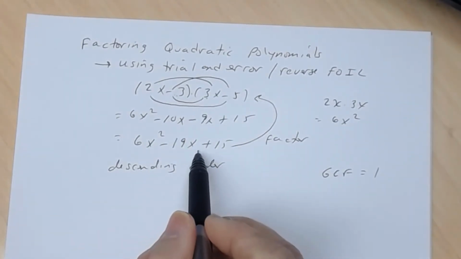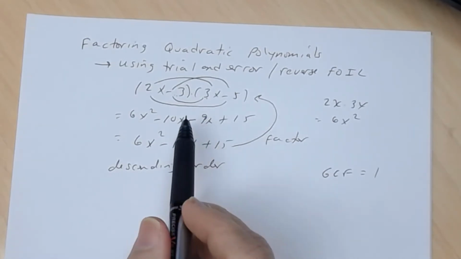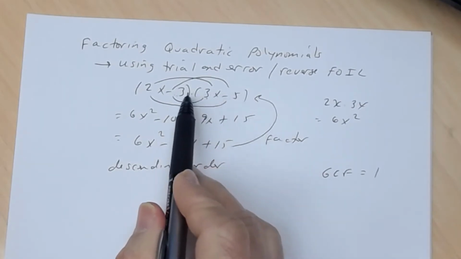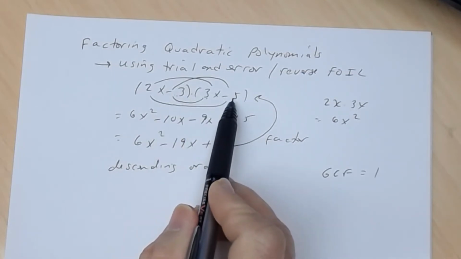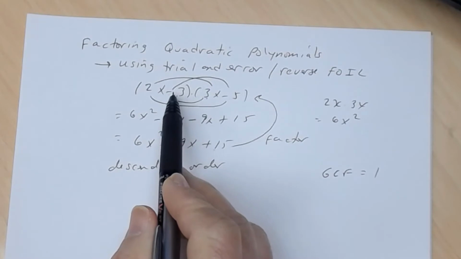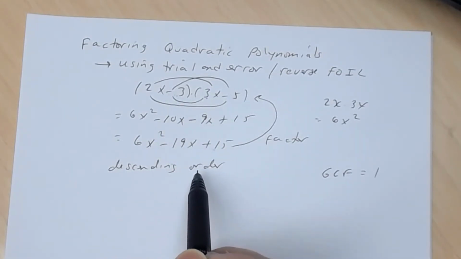Whenever the last term is positive, that means the signs in here have to be the same. Because to get a positive last term, a negative times a negative is a positive, or a positive times a positive would be a positive. So the signs have to be the same.